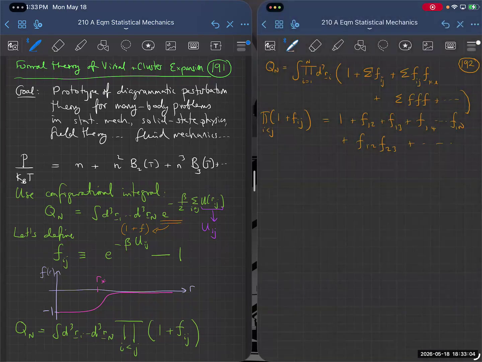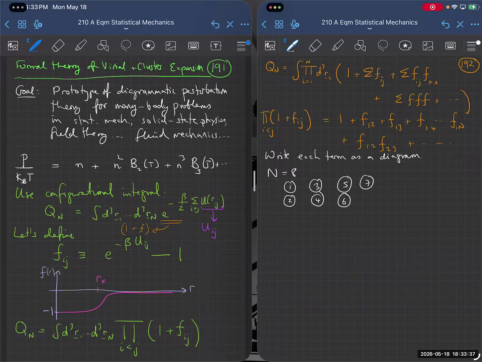What we're going to do is write down each term as a diagram. Let me give you an example. Let's suppose that n was equal to 8. We had 8 particles in our system. So what I would do is write down particle 1, particle 2, particle 3, particle 4, particle 5, particle 6, particle 7, particle 8.